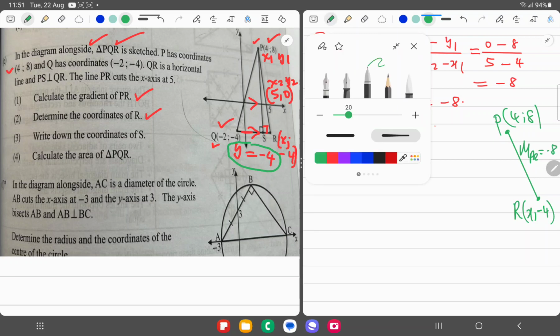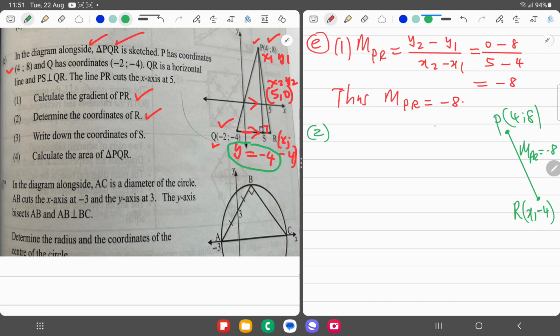So with this said, the gradient of PR is -8, that we know. And therefore we have y2 minus y1 divided by x2 minus x1, which is -8. We call this point x1, y1 and this point x2, y2.